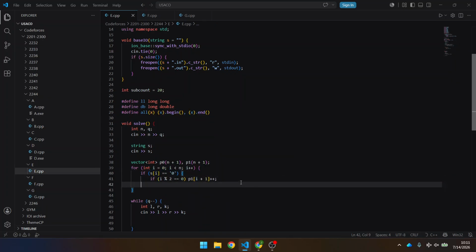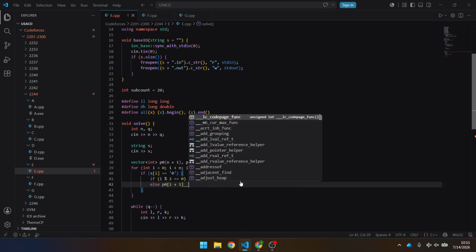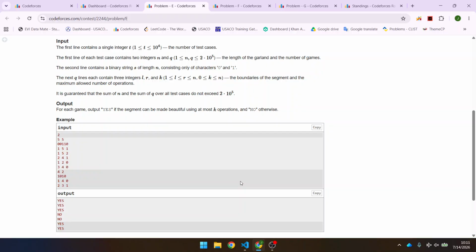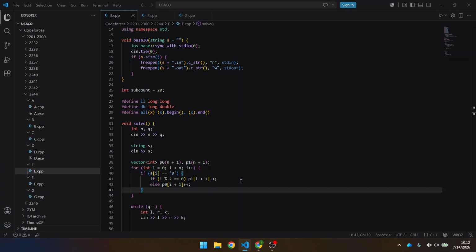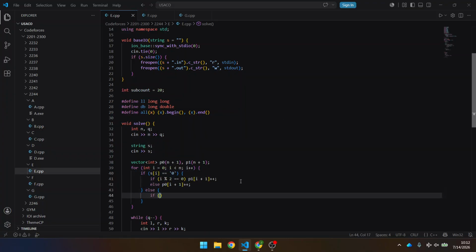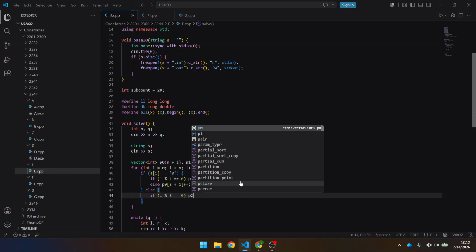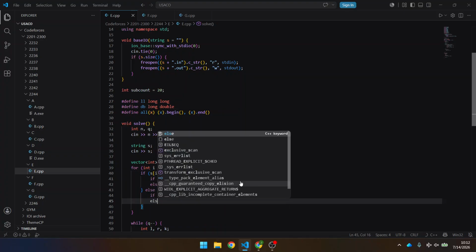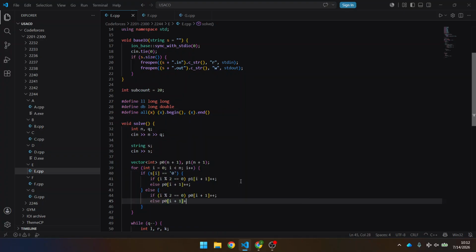And then otherwise it's p0 i plus plus. So they need changing in this. Else i mod 2 is equal to 0. p0 i plus 1 plus, else p0 i plus 1 plus p1. Okay.